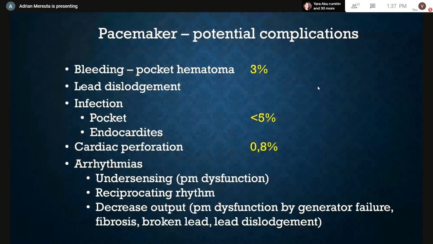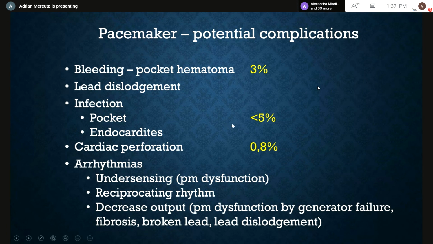What are the complications of the pacemakers? Bleeding happens in many cases, because usually these patients have defibrillation or other causes of anticoagulation and will bleed. Lead dislodgement, that means you have to put the lead in again, otherwise it will not stimulate anymore.